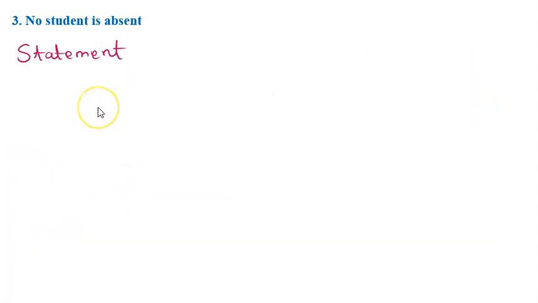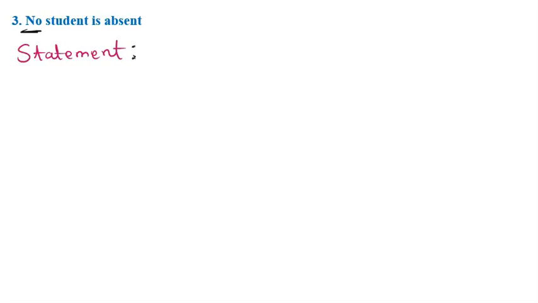Let's see the next example. No student is absent. Very simple statement. This is the last exercise, students. No student is absent. Is the statement positive or negative? This means for every student, the property absent is false. We got the word no from the beginning itself, so no becomes a not operator.